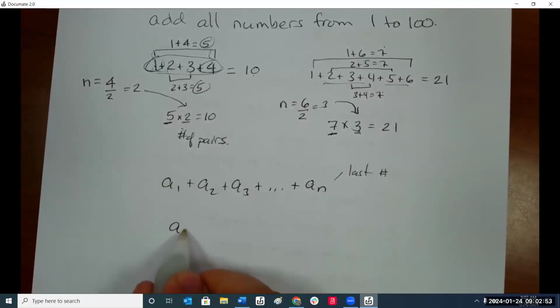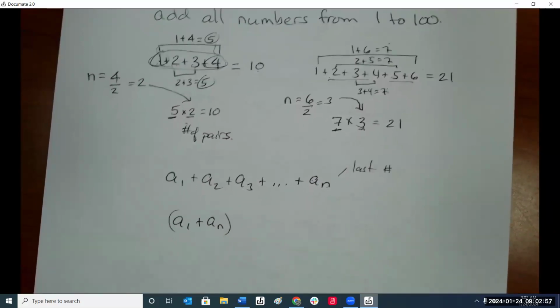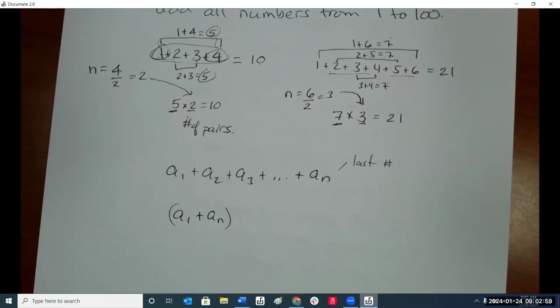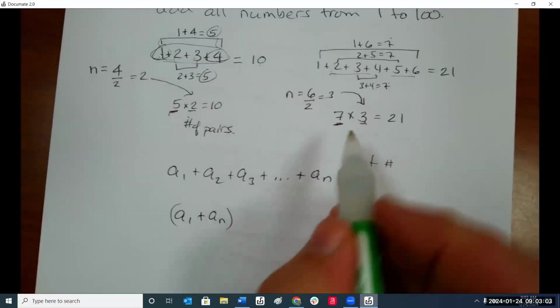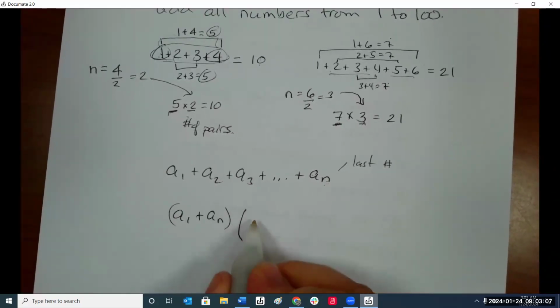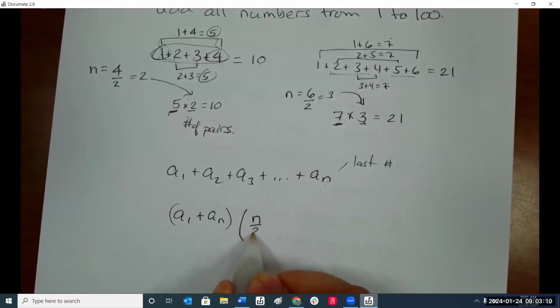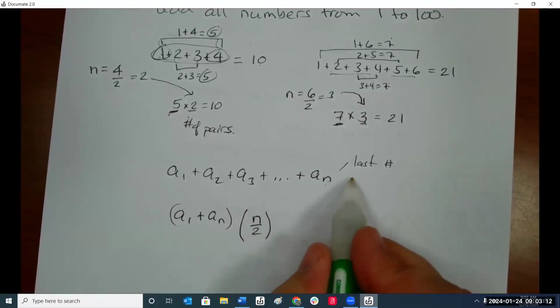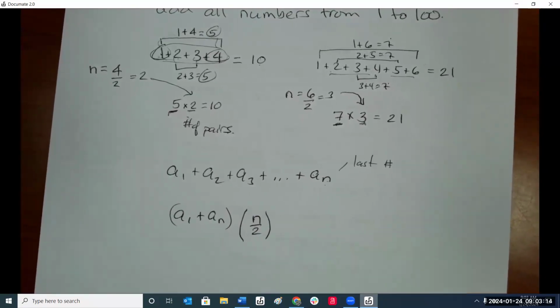If I take A1 plus AN, add those together, that's what gives us this 5 and the 7. I'll take the first and last numbers, add them together, and then multiply by half of the number of terms that we have.